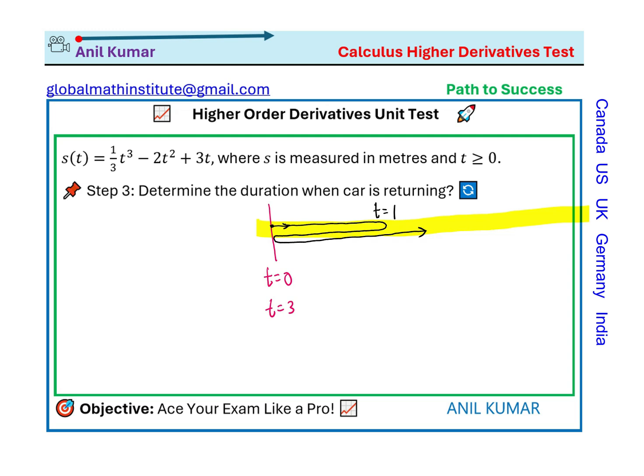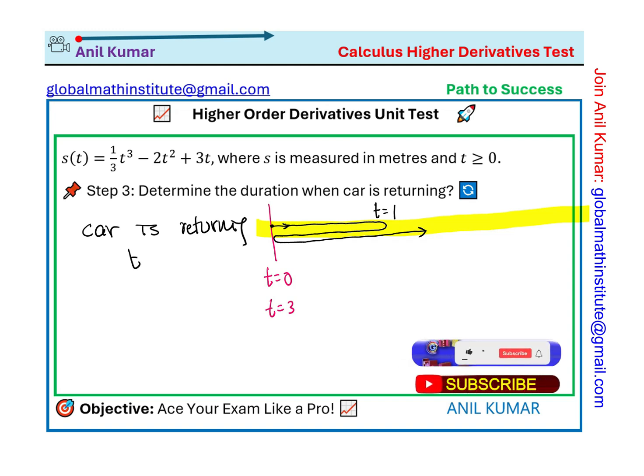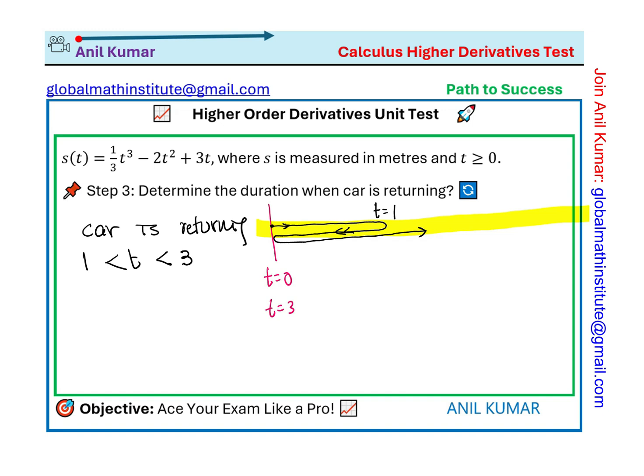So now the question is, determine the duration when car is returning, right? So the car is returning when t is between 1 and 3, right? So that is the returning period. You see that point. So that is how you're going to write the interval during which the car is returning.